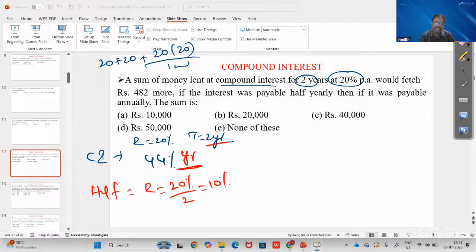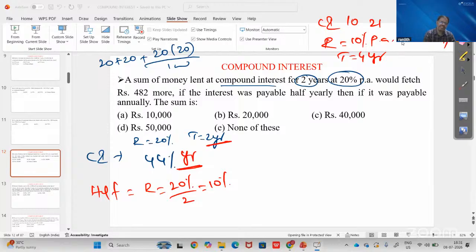To get 2 years of time, we need to take 4 installments. So R equals 10% and number of years equals 4, then the interest equals, so what are the different interests we are getting? 10, 21, 33.1, 46.41.